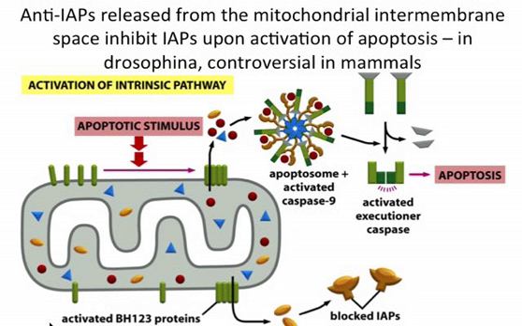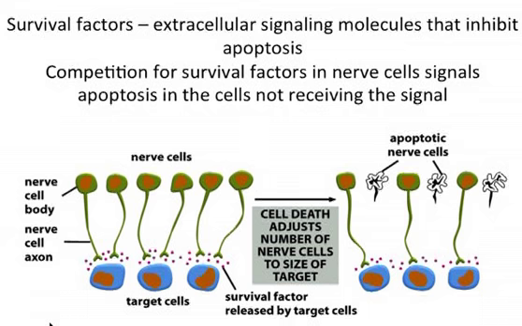Okay. Survival factors. So we're talking about activating apoptosis in response to DNA damage or something going wrong in the cell. If it's extrinsic, it'll be in response to a T cell Fas ligand interaction binding to an infected cell or cancer cell, signaling the extrinsic pathway of apoptosis.